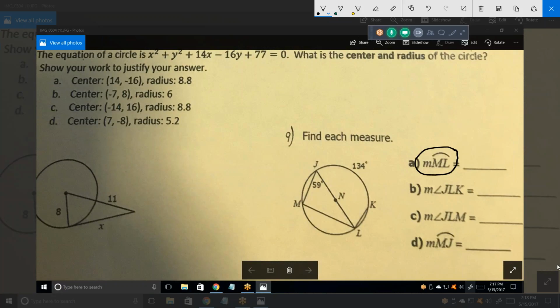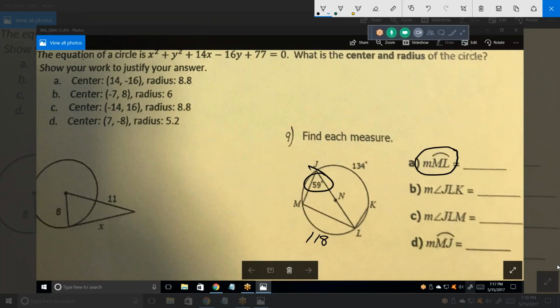So, what's that? Is that 118? Yes. Because it's twice that. In other words, when the vertex of this angle comes from the circumference, then the angle that it cuts out is always twice what this angle is.